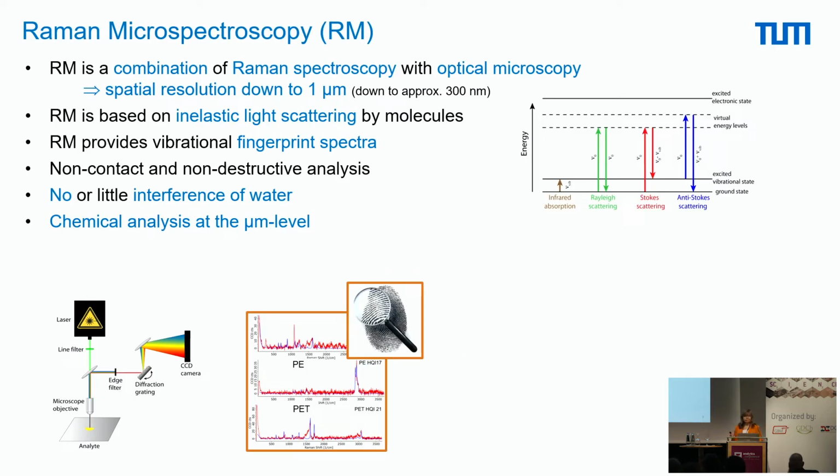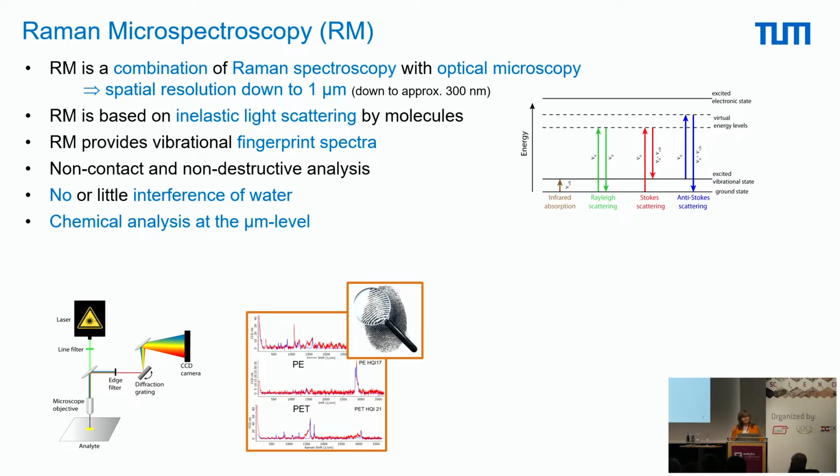As you definitely know, Raman microspectroscopy is a combination of Raman spectroscopy and optical microscopy, which allows us to get spatial resolution down to 1 micrometer or even below, down to 300 nanometers. This method is based on inelastic light scattering and provides vibrational fingerprint spectra.